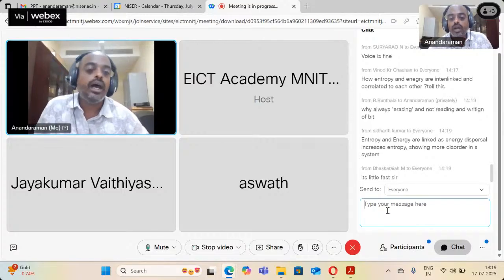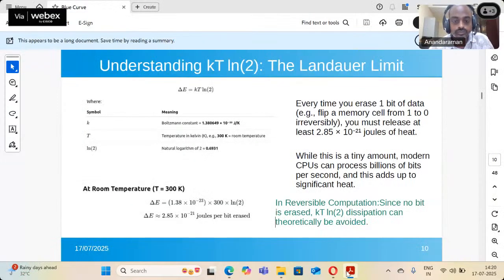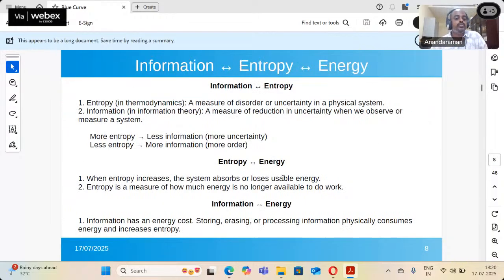Information has an energy cost. Storing, erasing or processing information physically consumes energy and increases entropy. If you are consuming energy, that means you are erasing information. If you are erasing information, entropy will increase. If entropy increases, energy dissipation will increase.